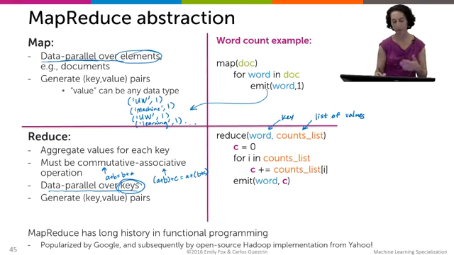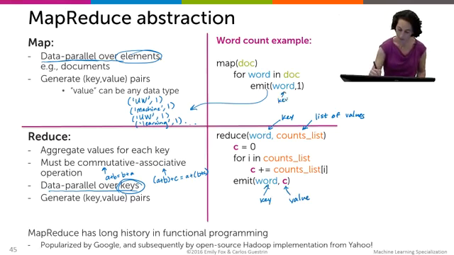So in this case, it's a count. It doesn't really always have to be a count. It could just be sums of values. And then we're going to emit this key value pair. So here's our key value pair. And in this example, this was our key value pair that was emitted.